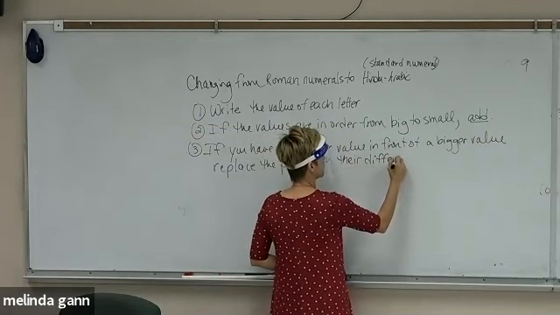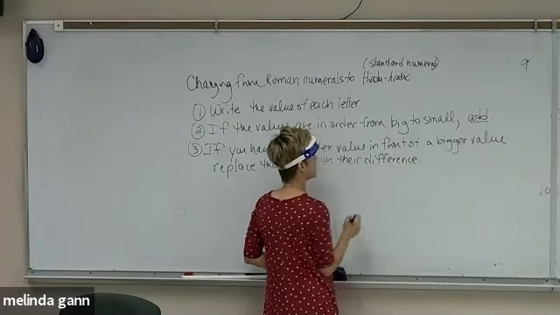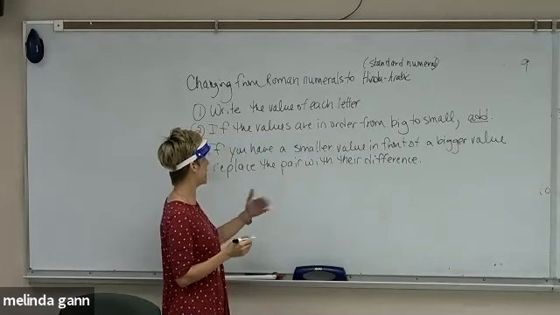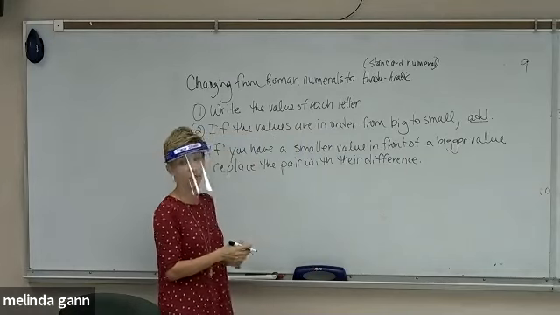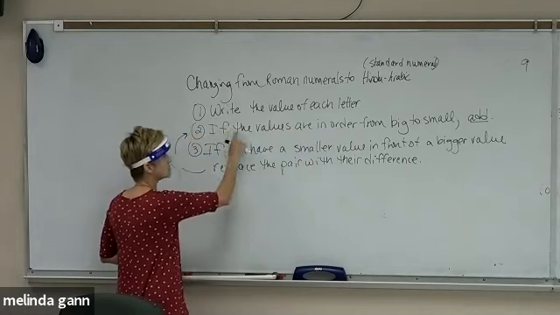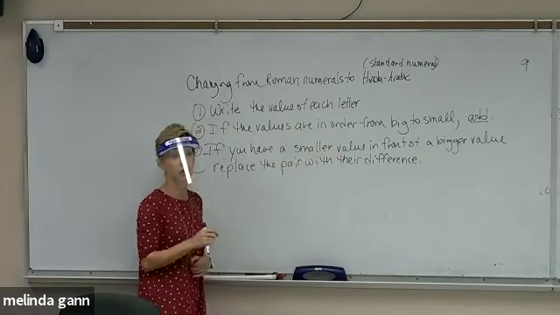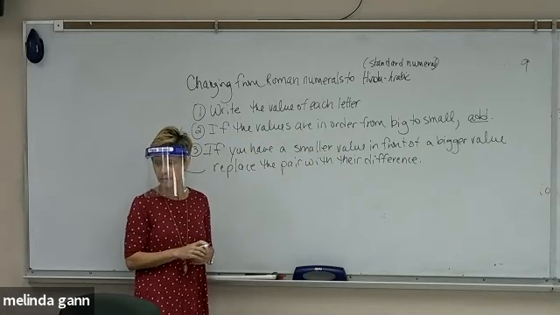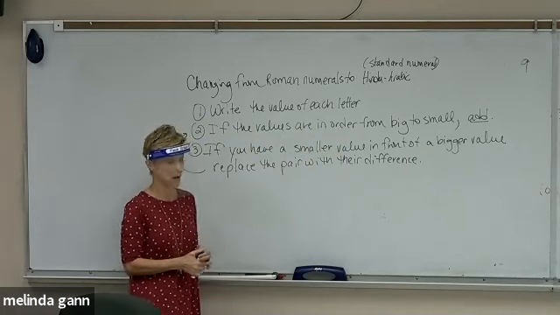Okay. So if you've got a smaller value in front of a larger or a bigger value, you replace the pair with their difference. And then when the values are in order from big to small, what do you do? You add. Now you write that down. Let me show you what I'm talking about.